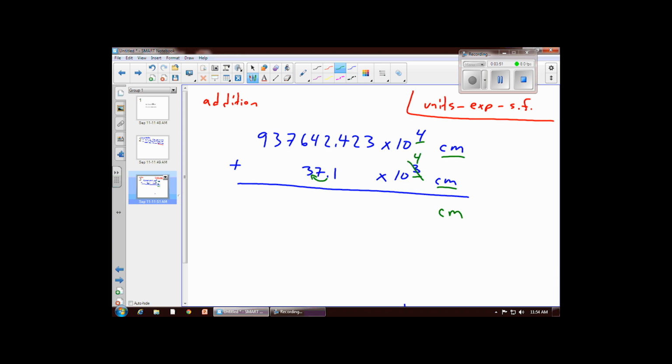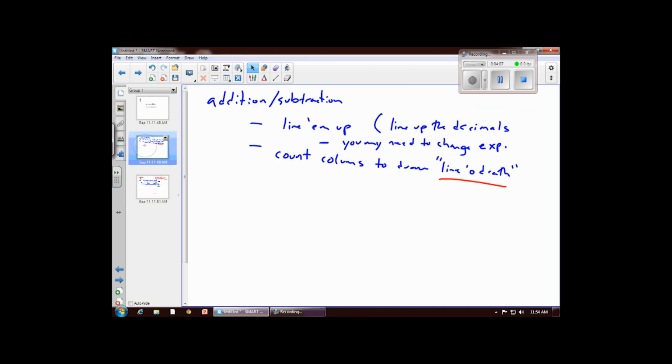Now, by the magic of my smartboard, I'm going to erase this and write it again correctly. But remember the two steps? Wasn't the very first step to line up the decimal? In the steps for doing significant figures, wasn't it line them up? And I told you on the previous slide, line them up, and you may have to change the exponent. So didn't we just change the exponent?